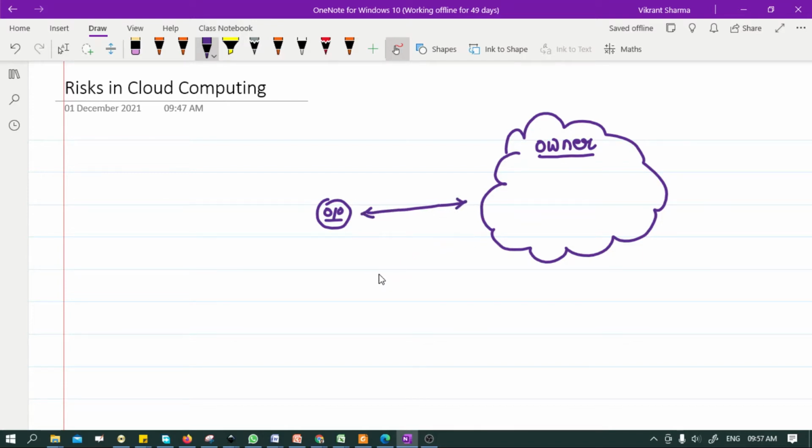Ideally, you being a customer, you should perform some tests on the cloud, like security tests, or some penetration testing.